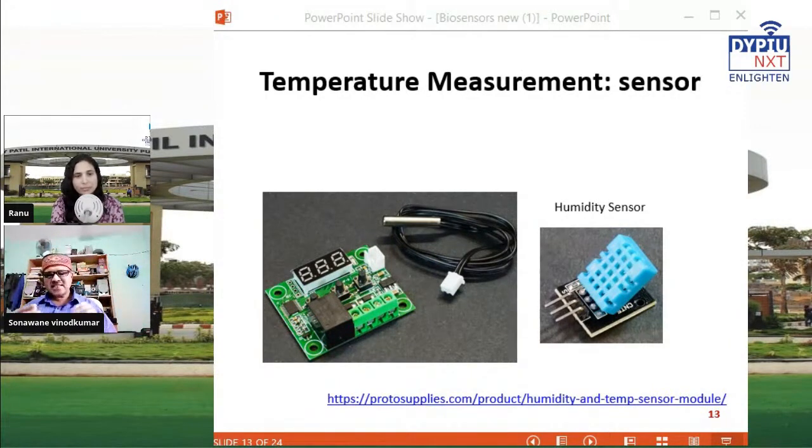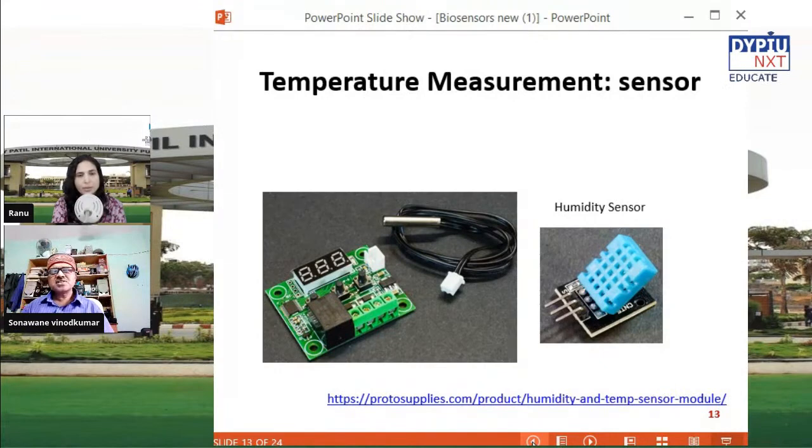Basically, the substance on which the enzyme works is called a substrate. From the substrate, you get a different molecular product, and this you have to use in the biosensor to carry out further processing.